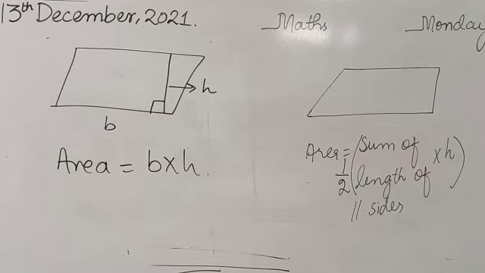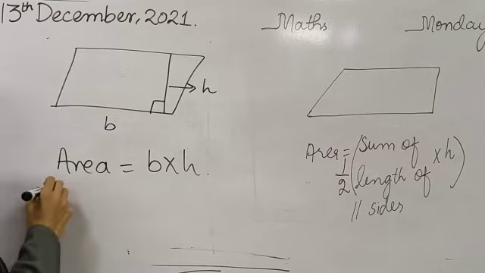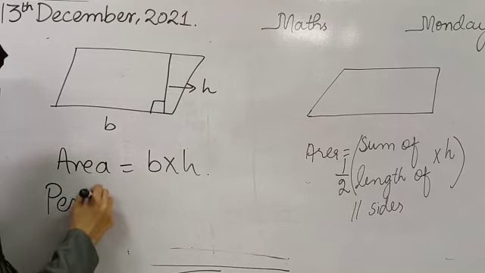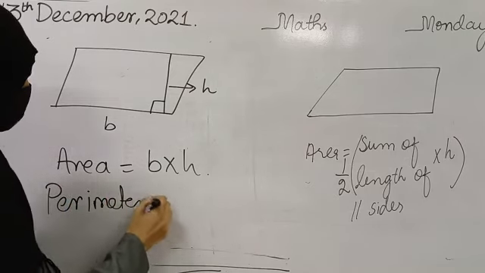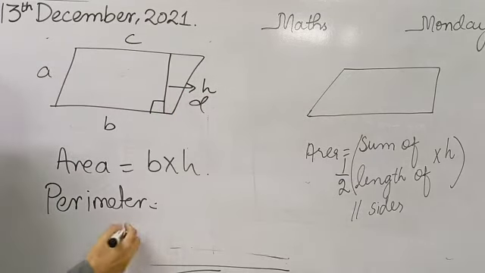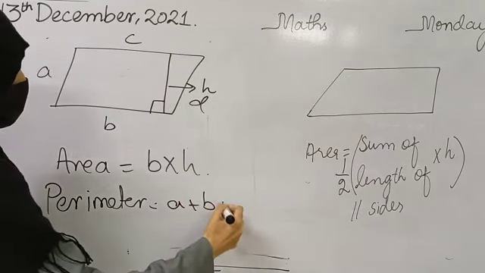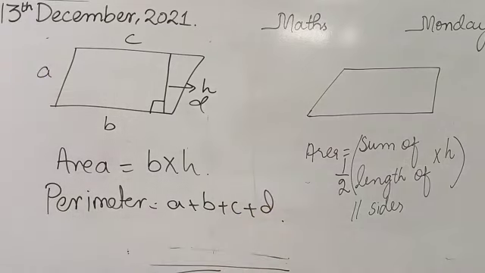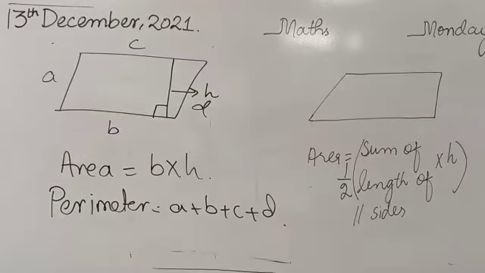Perimeter is simply the sum of all outer sides. This is base A, B, C and D. Perimeter is A plus B plus C plus D. And in the case of a trapezium, the perimeter is also the sum of lengths of all sides, the outer boundary.